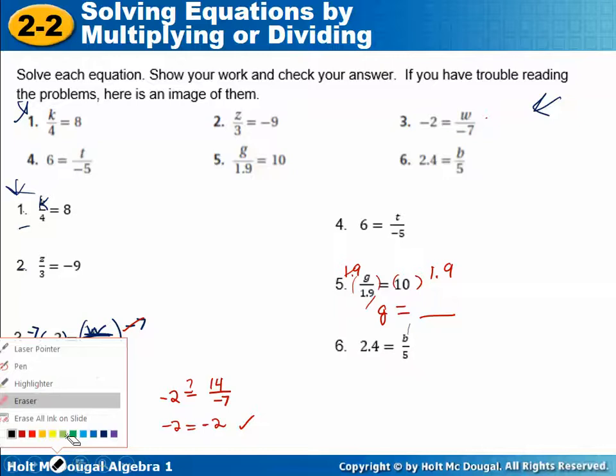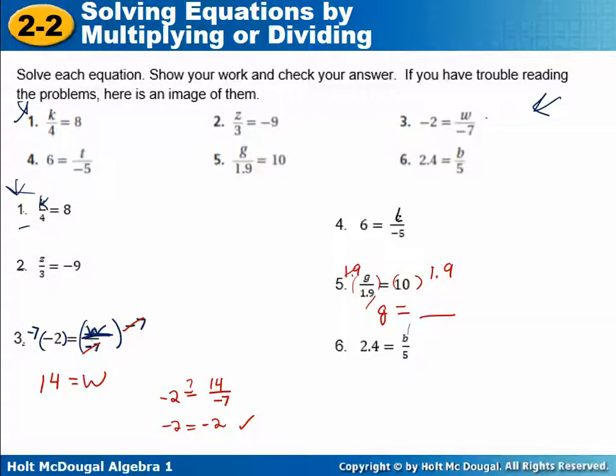So remember that first you have to find the variable, which is t, and then say what is happening to the t. The t is being divided by -5. So the opposite of that is multiplying by -5. So you could write this as well to show your work. And then you would do the work. 6 times -5 is -30 equals t. All right. It doesn't look as nice that way, though.